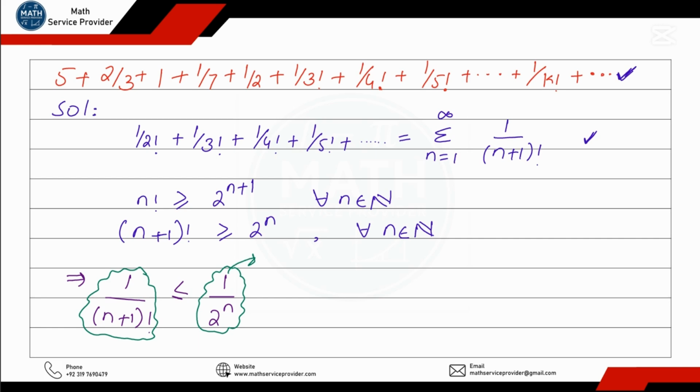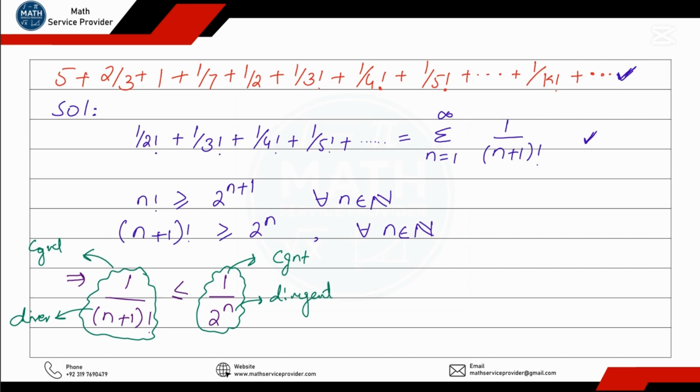If the lower series is divergent, then the upper series will also be divergent.